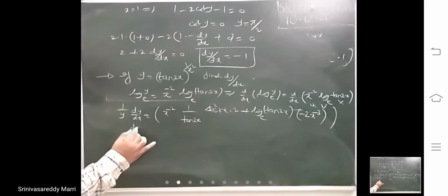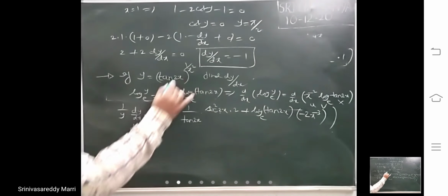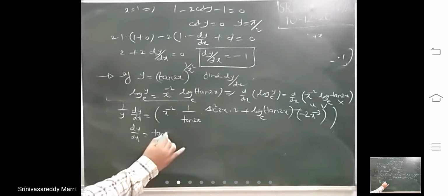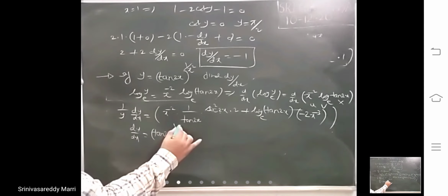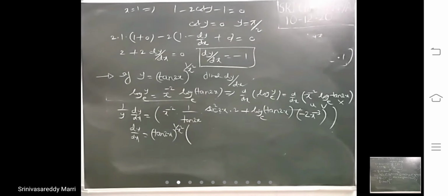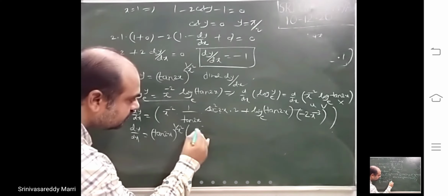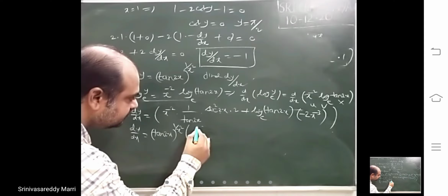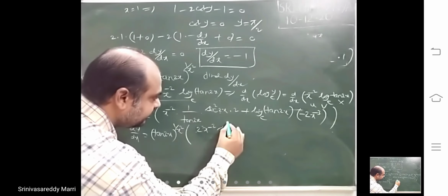Therefore, required dy by dx is nothing but y that side. Finally, y is this: tan 2x to the power 1 by x square into the bracket, with this 2. Depending on the problem, you simplify.